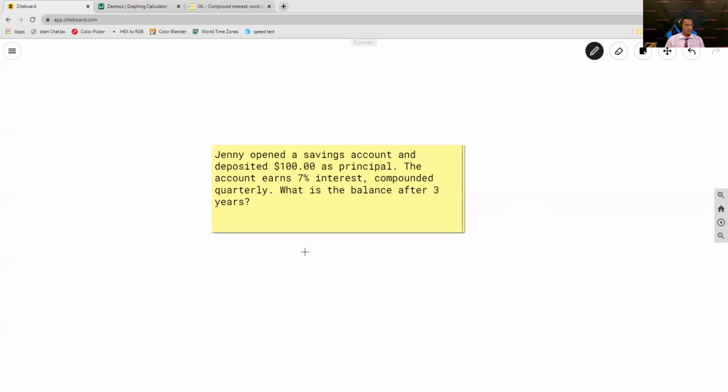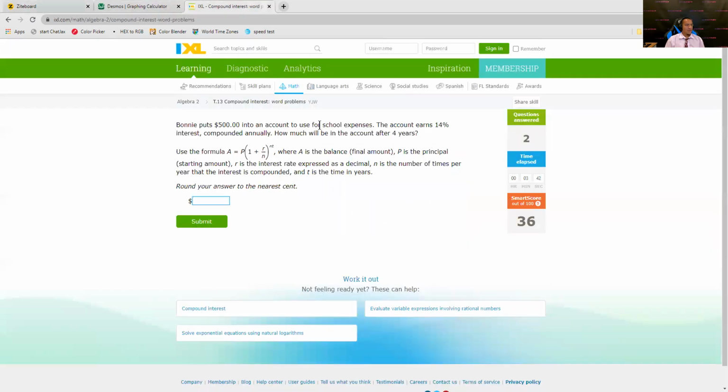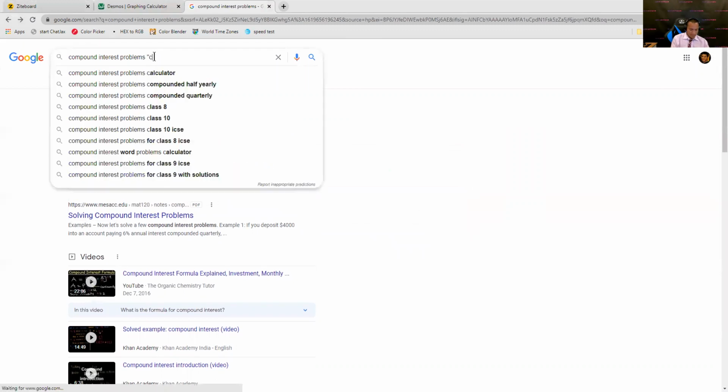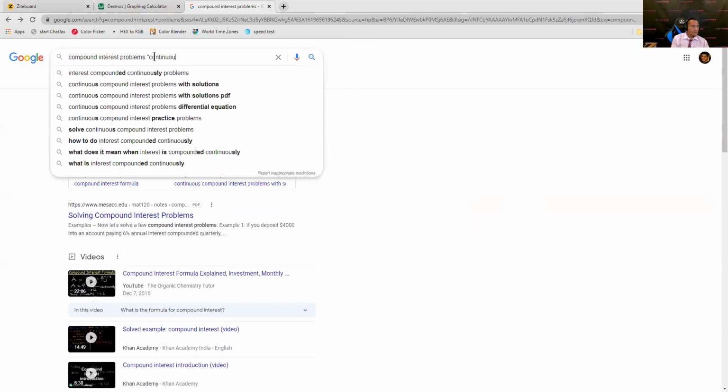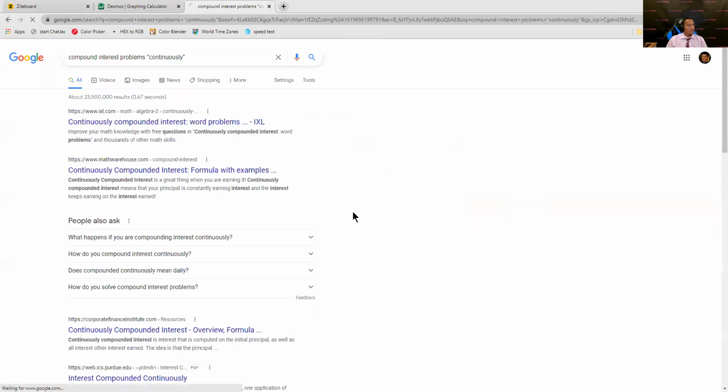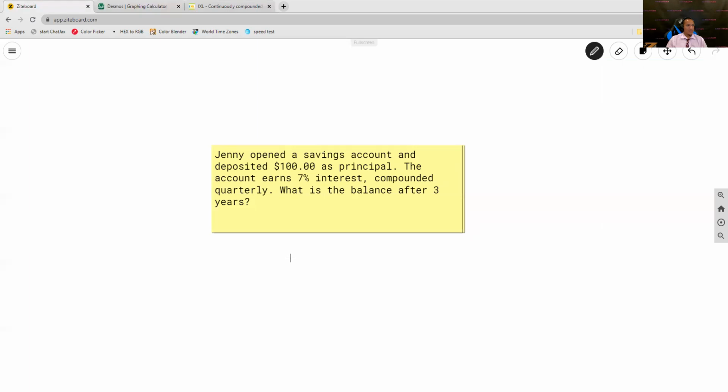So in continuous interest, let's see if they have one. Let's do compound interest continuously. Continuously compounded interest. So basically, it's going to be the same thing.